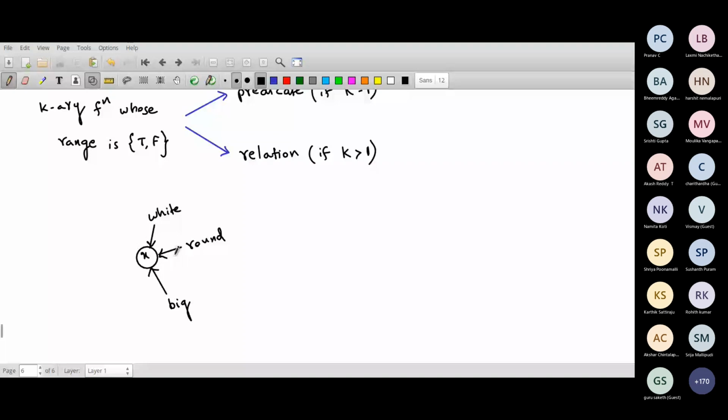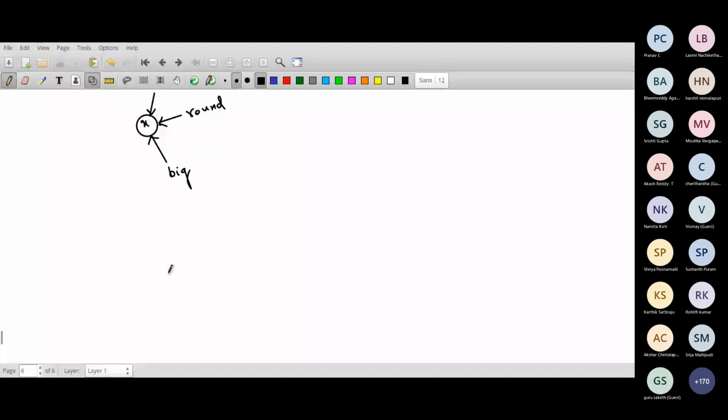They describe one single object and they necessarily deal with only one object. So when you say something is white, you are saying only that one thing is white. Okay, so in these cases, these kind of predicates will be true, like white of x. This is true, but suppose you take some other object y, that may not be white, so white of y may be false.